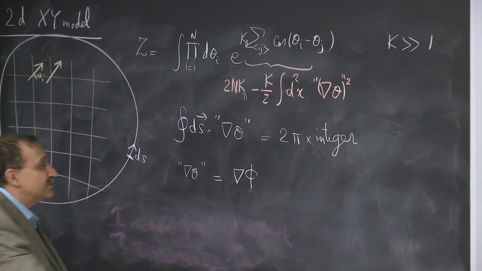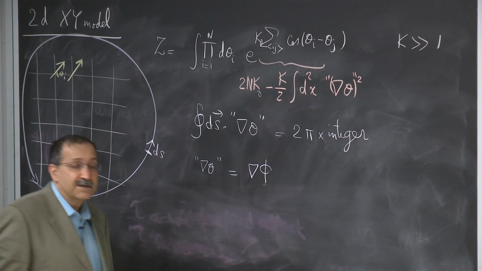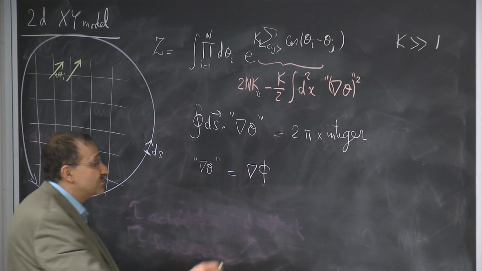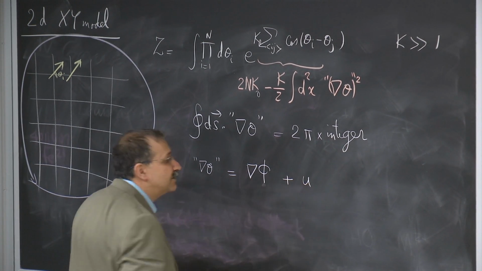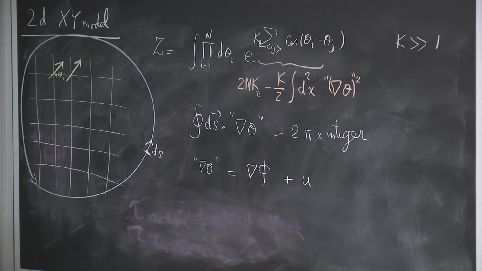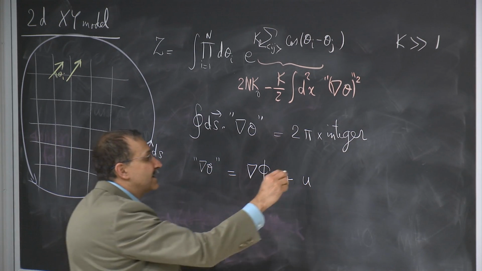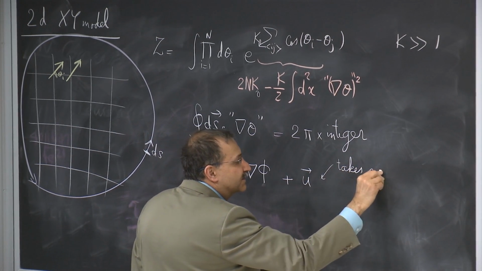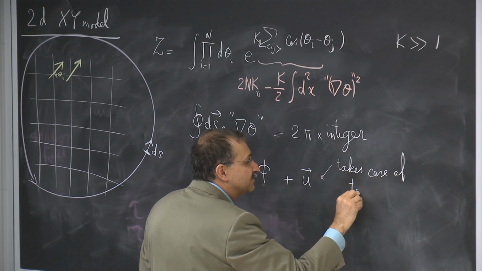And to take care of this fact that the result does not have to come to 0 if I integrate this gradient of theta, I introduce another field, u, that takes care of these topological defects.